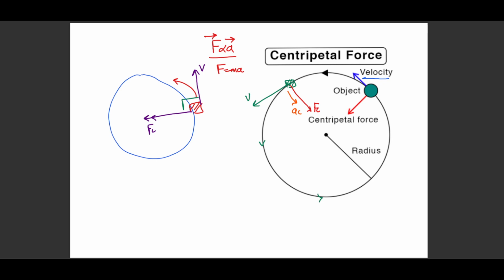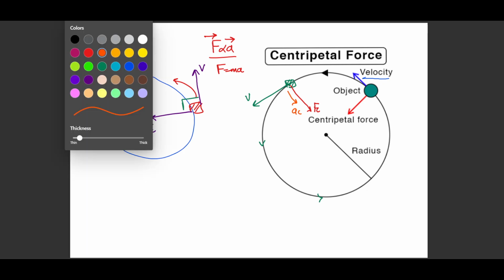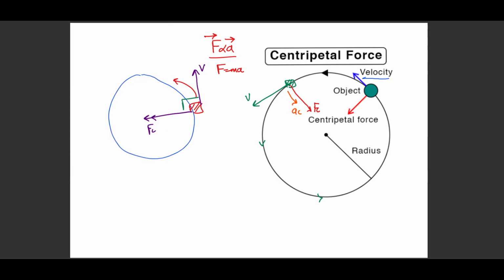is the centripetal force. In some questions, they generally ask what will happen if the centripetal force ceases to exist, if it is no longer there. If the centripetal force somehow vanishes, then the object will continue in the direction of the velocity.